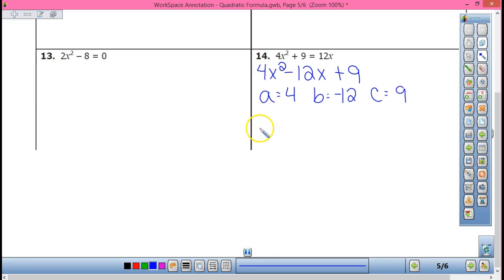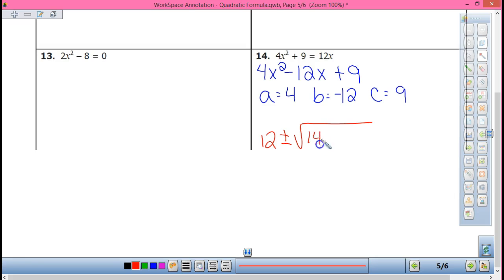So, negative B. 12 plus or minus the square root of B squared, 144, minus, now this is where you gotta be careful, because you were going 4 times, what's A? 4 times, what's C? 9. So 12 plus or minus square root of 144 minus what? 144?